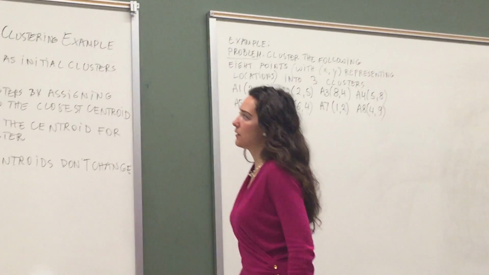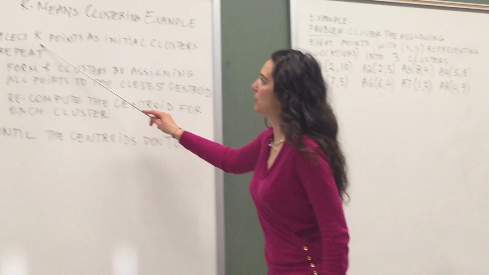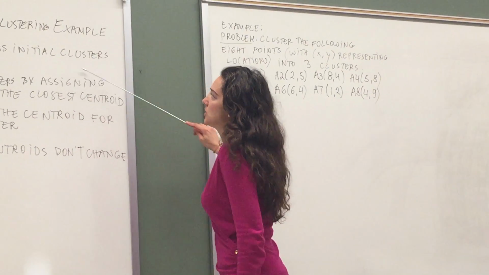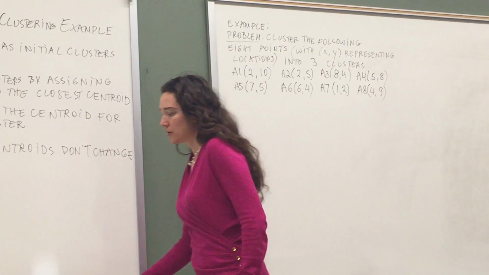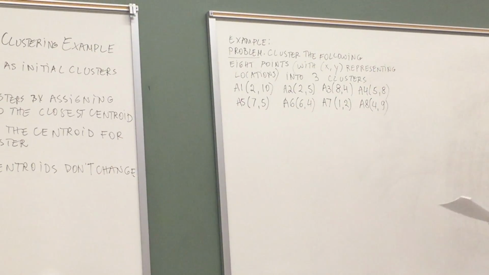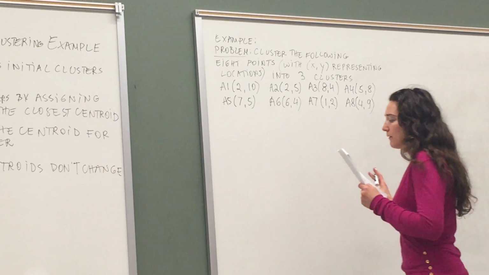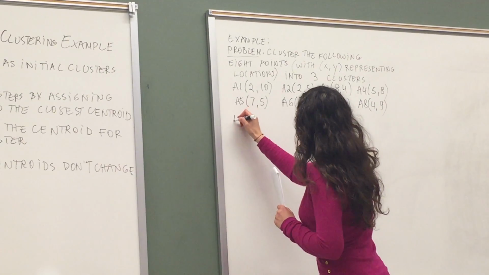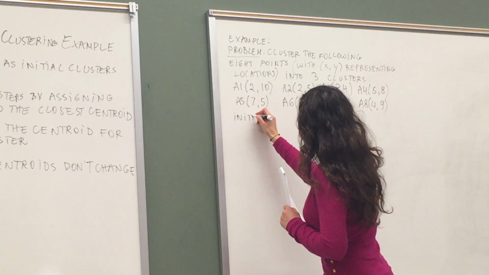The first thing the algorithm says, select k points, k is the number of clusters, as initial clusters. We mentioned we're going to choose this by random. In the problem we're told, just pick the 3 points as initial center clusters.